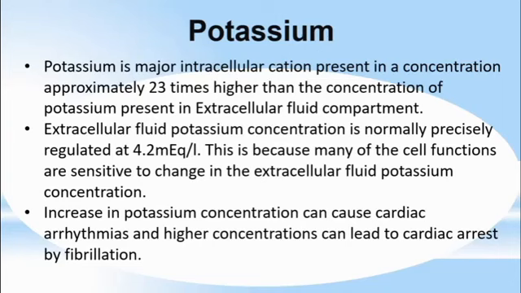This is because many of the cell functions are sensitive to change in the extracellular fluid potassium concentration. Increase in potassium concentration can cause cardiac arrhythmias, and higher concentration can lead to cardiac arrest by fibrillation.